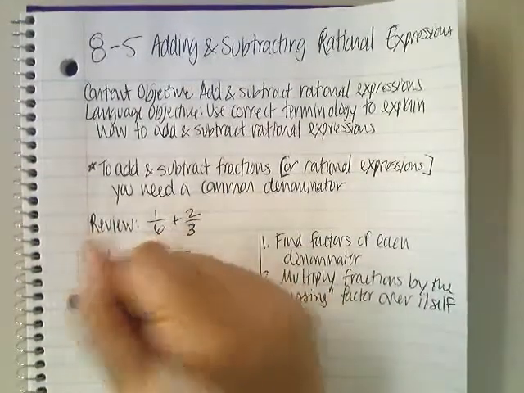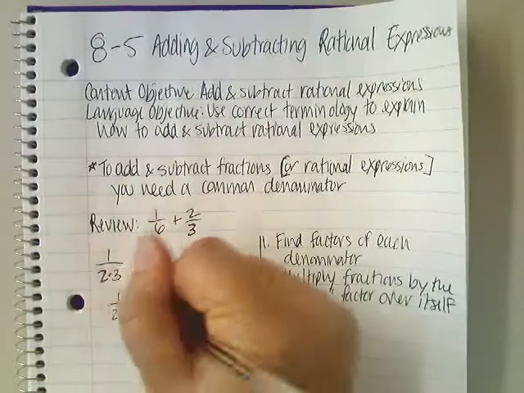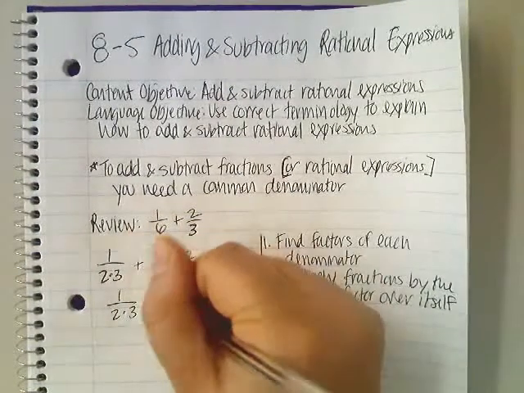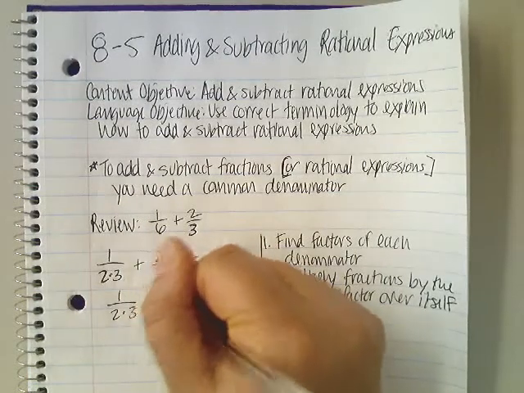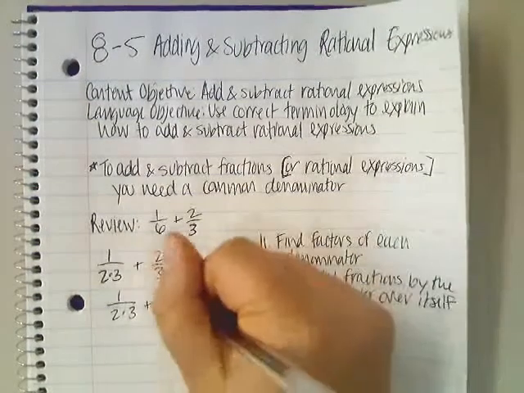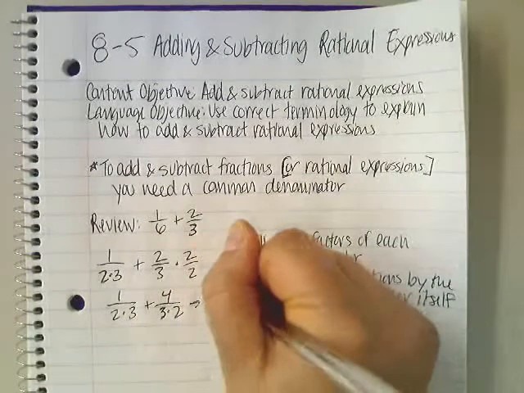So when I do that, I now have 1 over 2 times 3 plus 2 times 2 is 4 over 3 times 2, or 2 times 3, which is the same thing, which is just 1 over 6 plus 4 over 6.